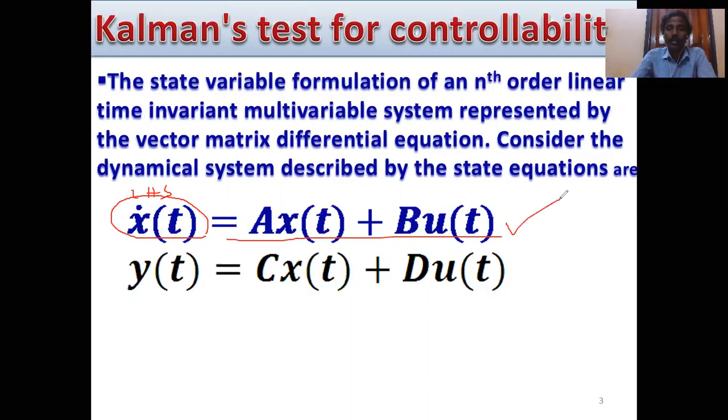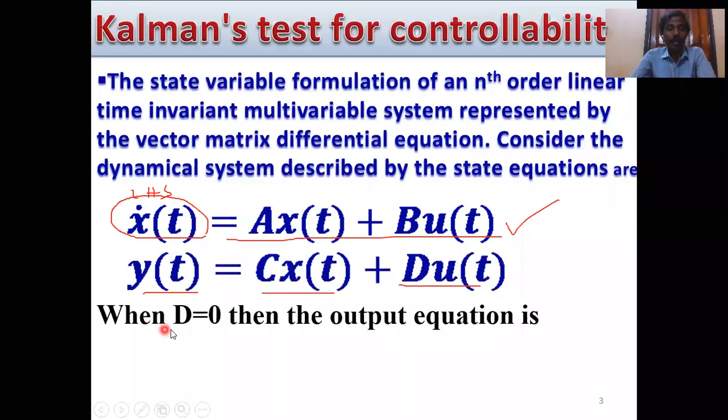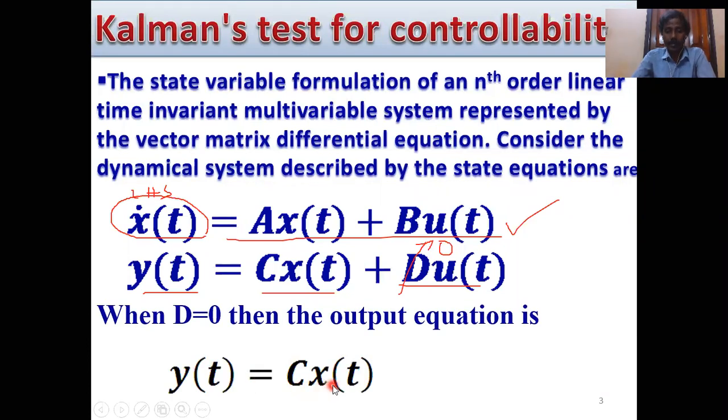And the output equation is y t equals C x plus D u, where when D equals 0, then the output equation is y t equals C x.